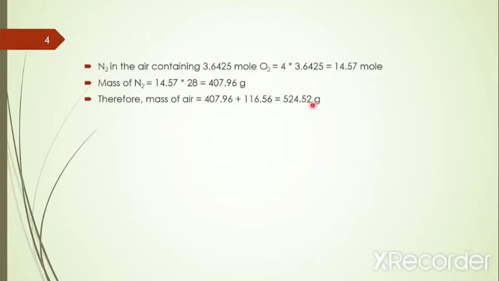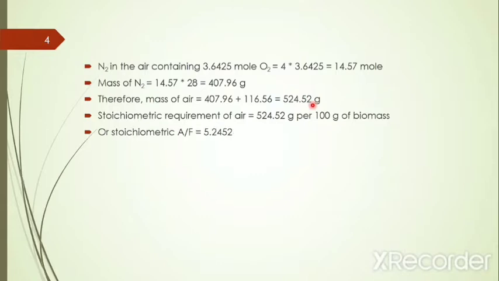Obviously this is for 100 gram of biomass; for 1 gram it will be 5.2452, or we can say the stoichiometric air fuel ratio in this case is 5.2452. Just compare this with your IC engine. We have studied IC engines, petrol, diesel. What is the stoichiometric ratio for petrol and diesel?